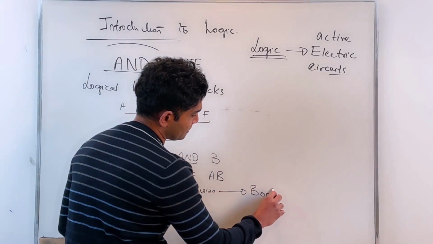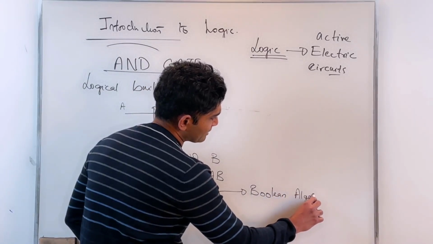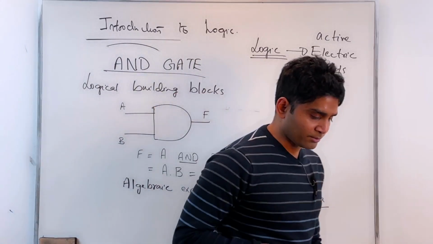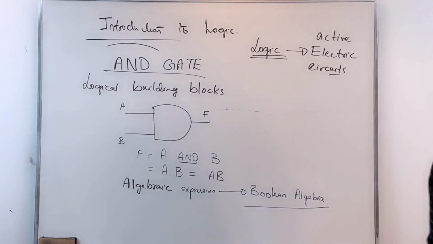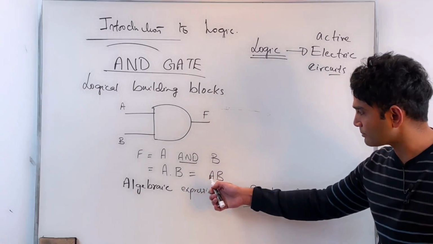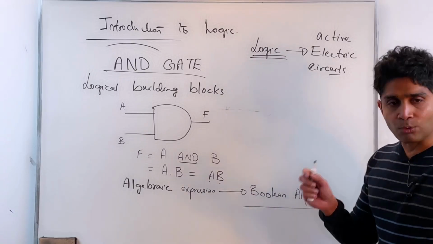You will see that the identities are very similar to what you already know about regular algebra. It's called Boolean algebra because my variables, the variables of the algebraic expression, can take only 0 or 1 value.